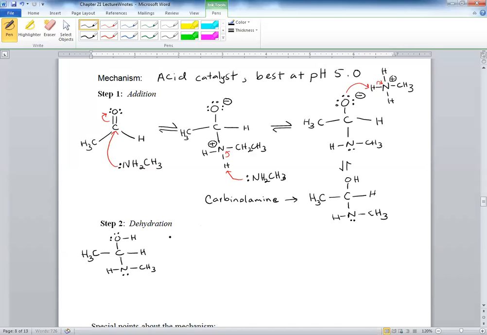now as we explained, we said we're using an acid catalyst and it's best at 5. So it's slightly acidic, not too acidic. And this is why we still have the protonated amine that is going to serve as the donor of the H's, the protons.